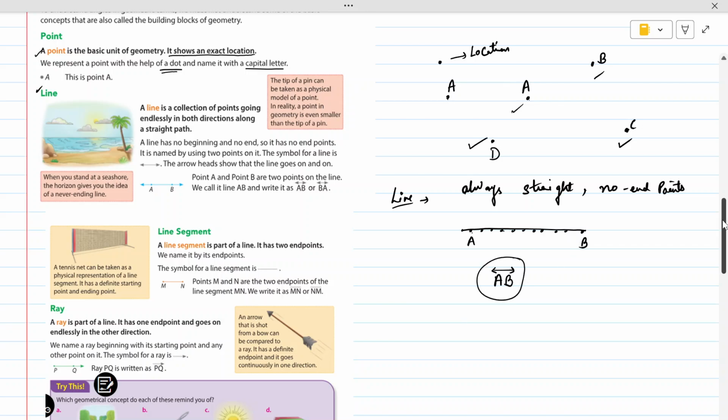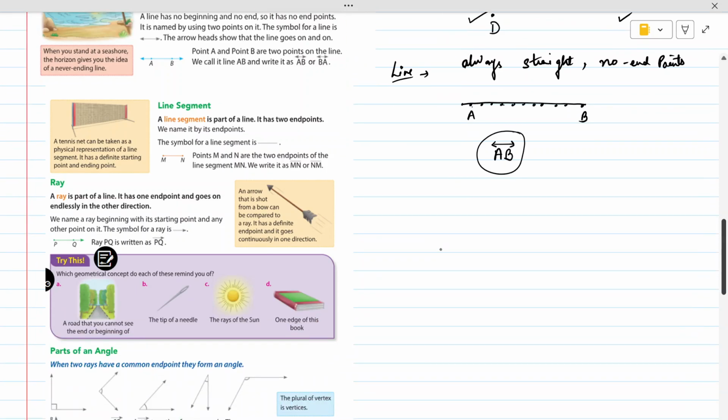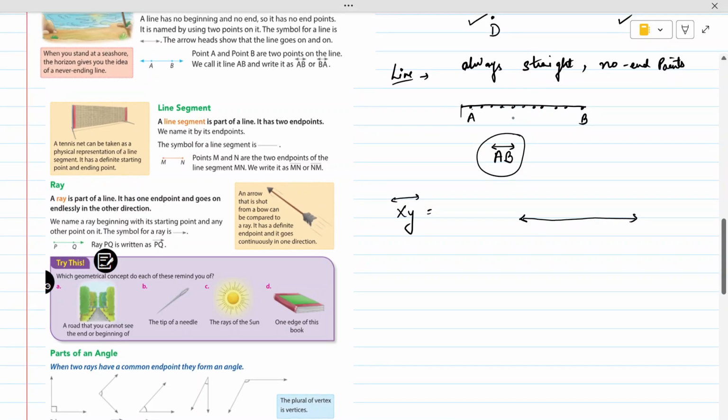So kids, now if I ask you to draw a line, let's say XY, how do you have to draw it? Just draw a straight line and both the ends should have arrows.